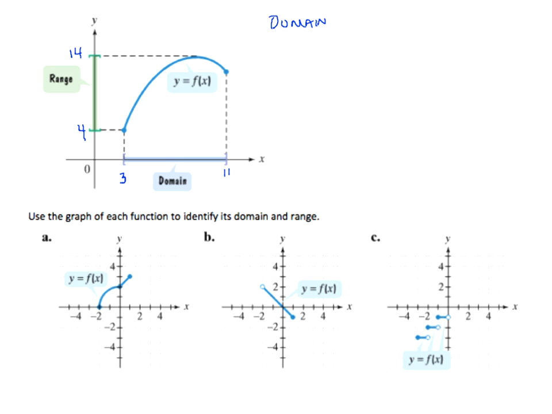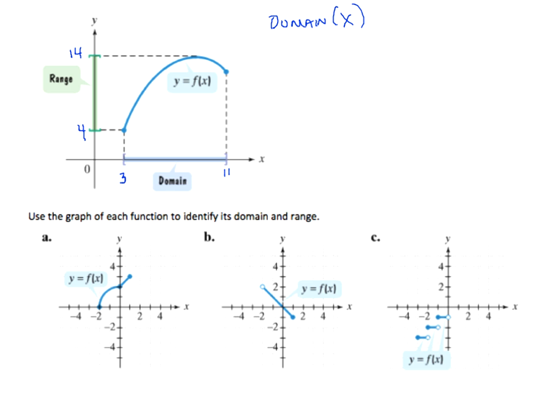Okay. So when you are talking about domain, you're talking about all possible x values, all possible input values. So I want to write the domain of this function in interval notation. You can see that we're basically talking about the horizontal span of this function.